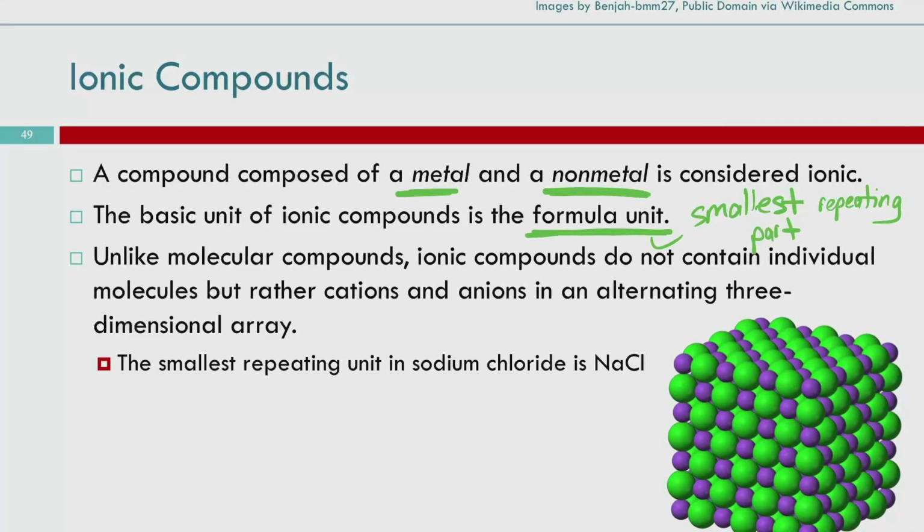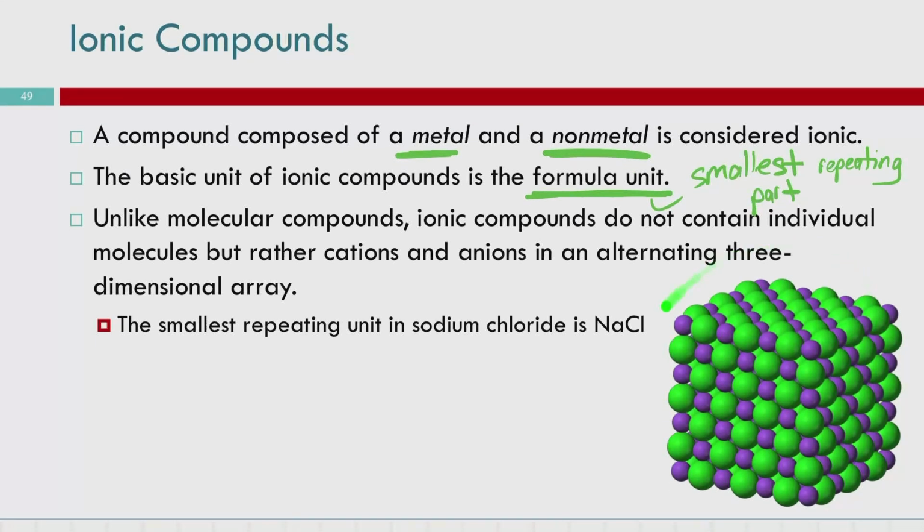The reason that we use a formula unit instead of a molecule is that ionic compounds exist in these 3-dimensional arrays. It's alternating positive and negative charges as long, as deep, as tall as you can possibly imagine with ions, which presents some issues. If you wanted to count up the actual number of each of the cations and anions, it would take a long time and you would end up with absurdly large numbers in almost every case.